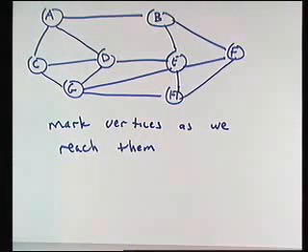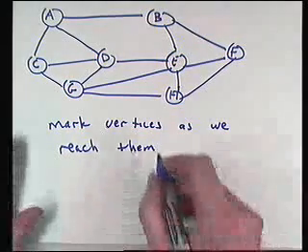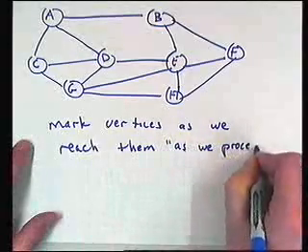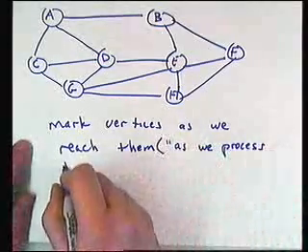If you reach it some other way, don't continue to process it, because you've already reached it and you're processing it once. That is what is necessary to deal with. Sometimes, as we reach them, could be as we process them, depending on exactly how we approach things.